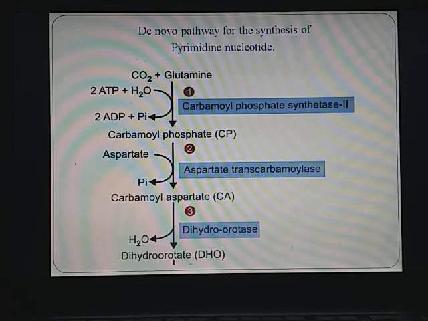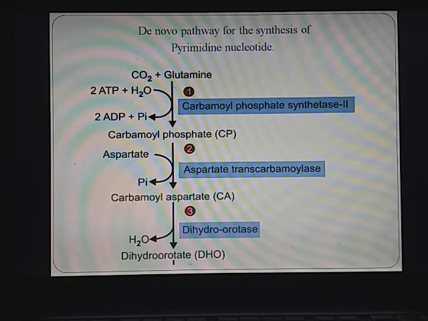The flow chart for the de novo pathway for the synthesis of pyrimidine nucleotide. Here, carbon dioxide combines with glutamine to form carbamoyl phosphate in presence of enzyme carbamoyl phosphate synthase 2. It requires two molecules of ATP. The carbamoyl phosphate takes a molecule of aspartate in presence of enzyme aspartate transcarbamylase to form carbamyl aspartate.